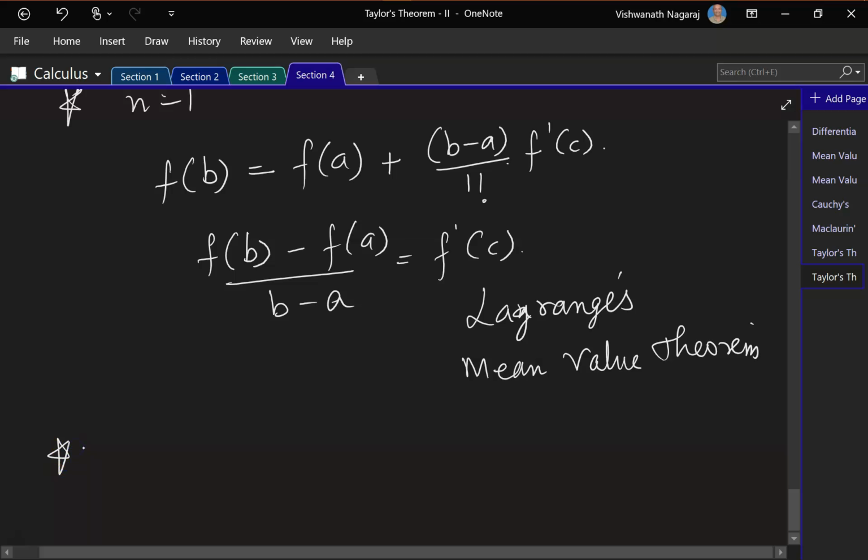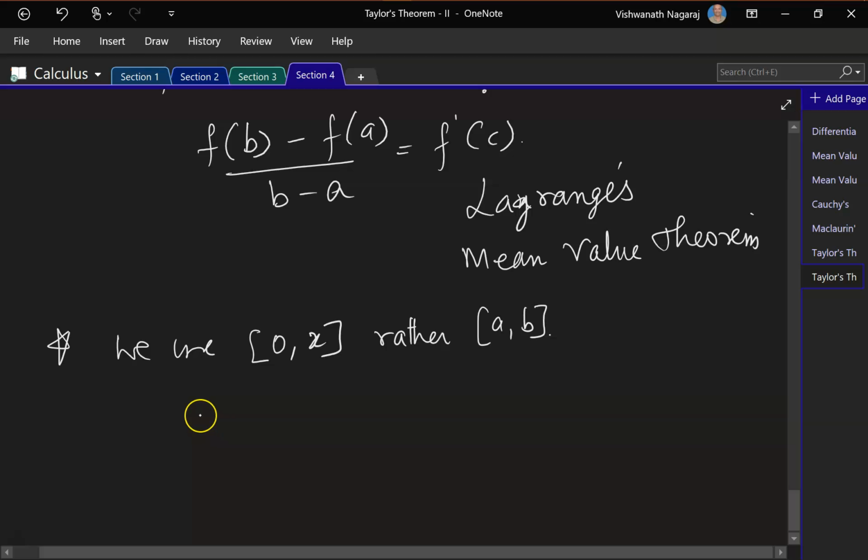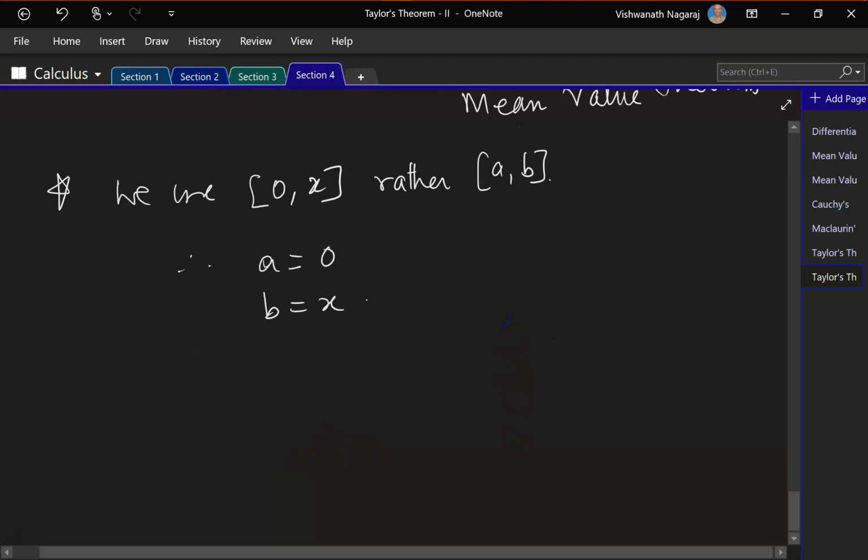In Taylor's theorem, we use the closed interval 0 to x rather than a comma b. Yes, so a would be 0 and b would be x, right?